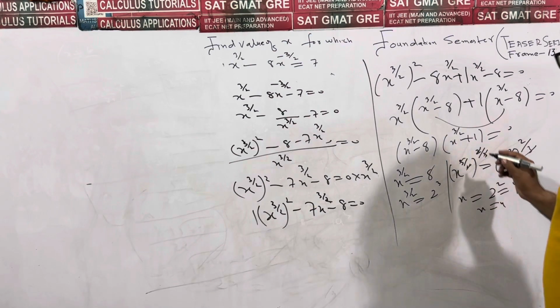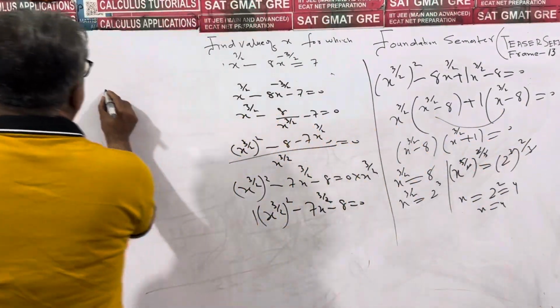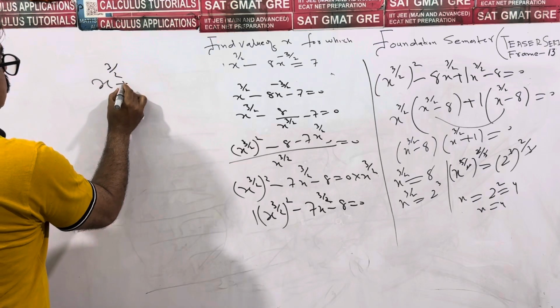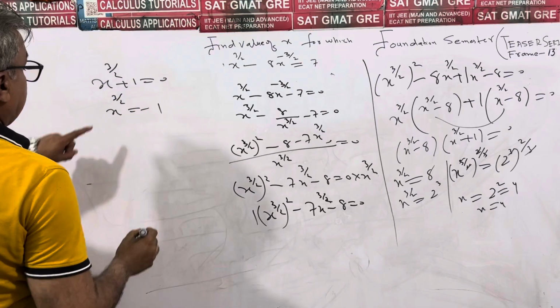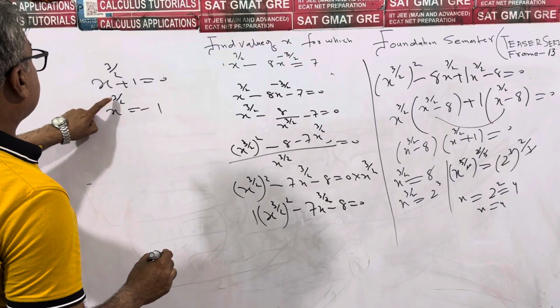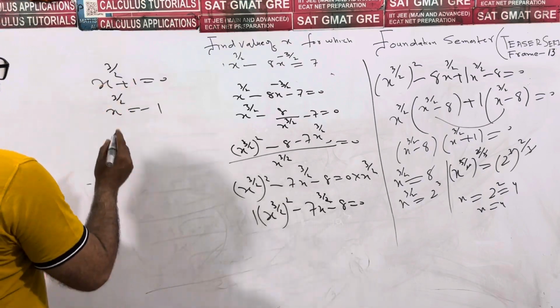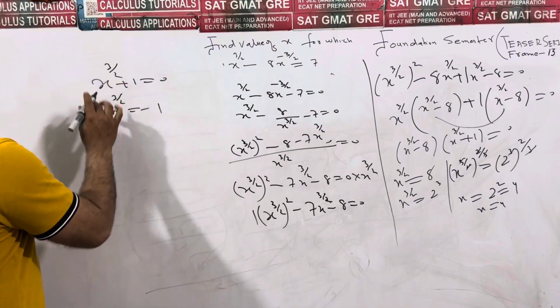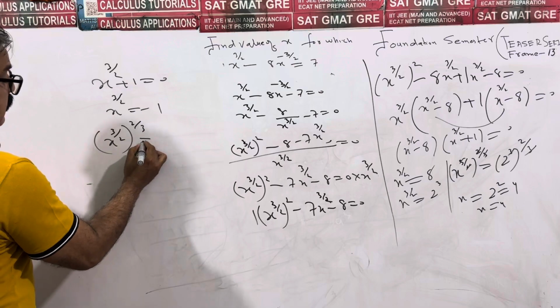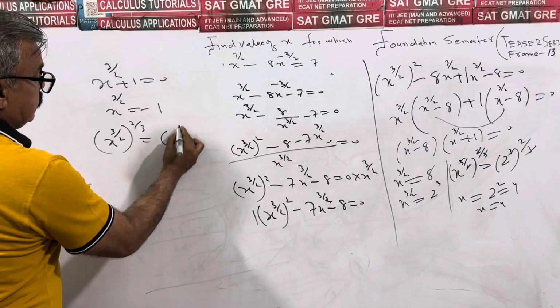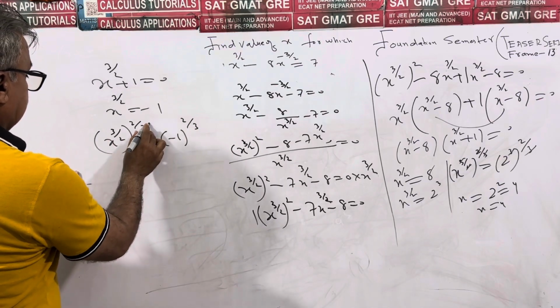What about the other bracket? X raised to 3 over 2 plus 1 is equal to 0, so x raised to 3 over 2 is equal to minus 1. In order to get rid of 3 over 2, take the reciprocal power, 2 over 3. X raised to 3 over 2 raised to 2 over 3 is equal to minus 1 raised to 2 over 3. 3 and 3 cancel.